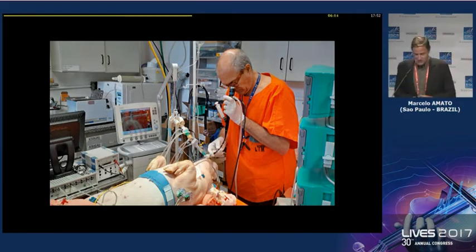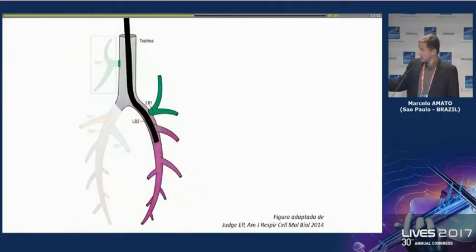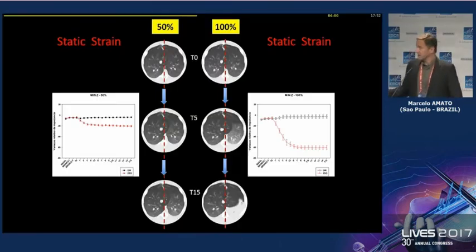Also, some physiological studies are giving lots of insights. This is an interesting study in which we enter the bronchi, occlude the left lower lobe, and then check the behavior of this occlusion under two conditions of oxygen fraction, 50% and 100%.